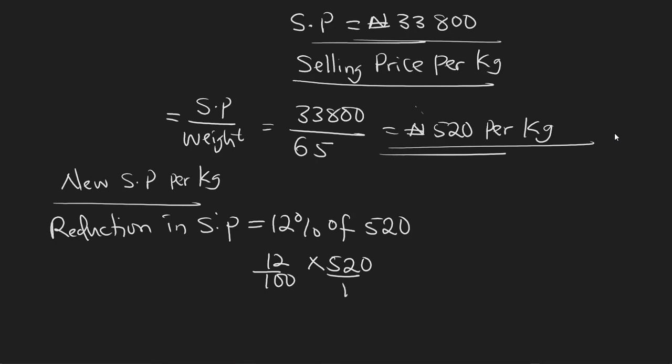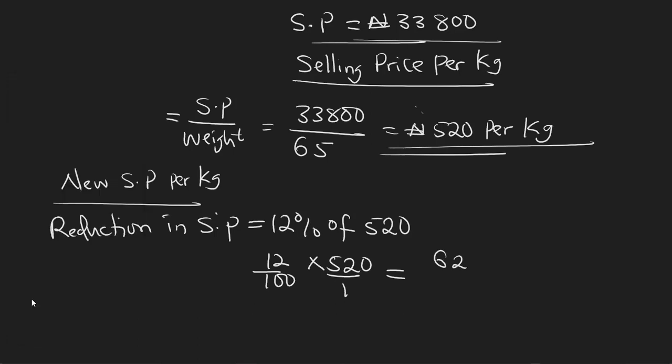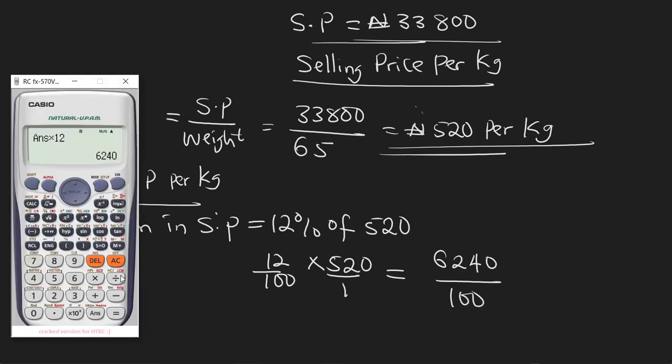So 12 times 520 is equal to 6240. 6240 over 100 is 62.4.